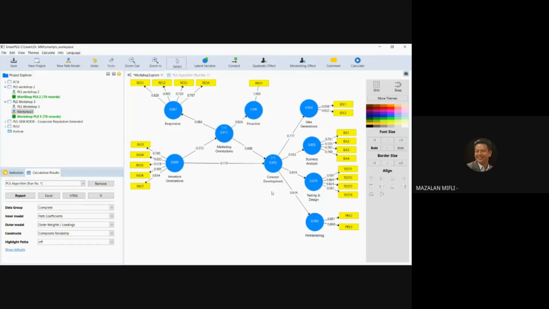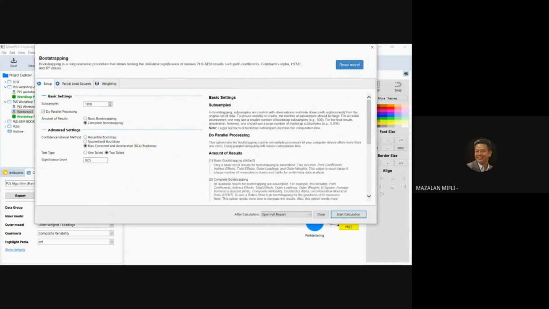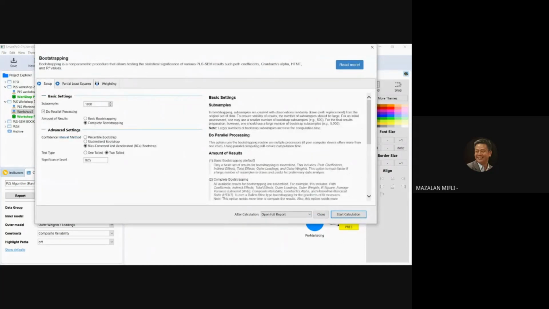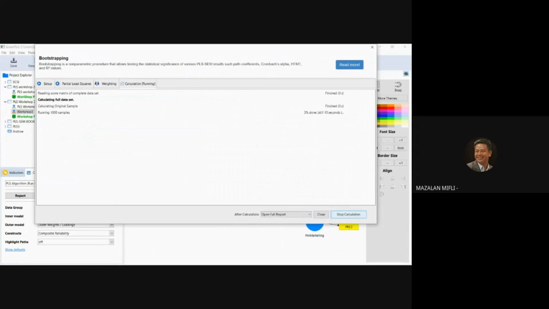So you're going to bootstrap it. These are the beta values. Bootstrapping, basic complete, two-tailed, still partial least squares, we got path. It's all good, and then we run.